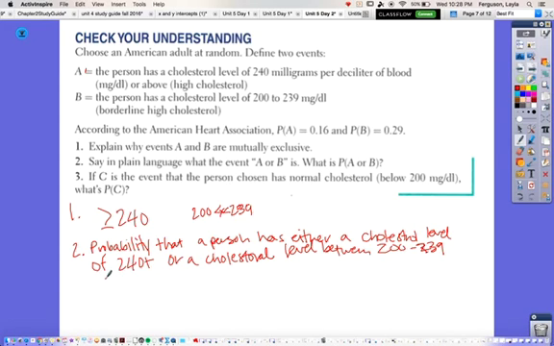So the way that we would find that probability of A or B would be to add those together. So 0.16 plus 0.29. And whenever you do that, you get 0.45.